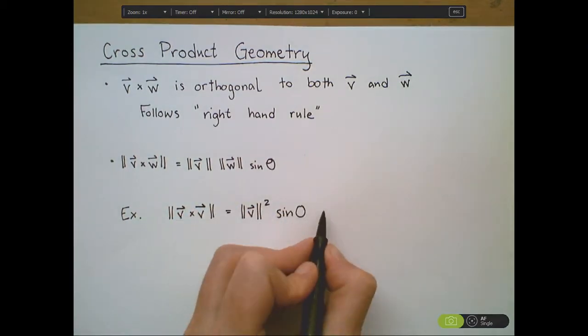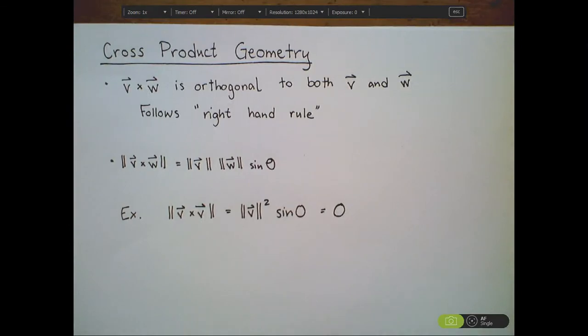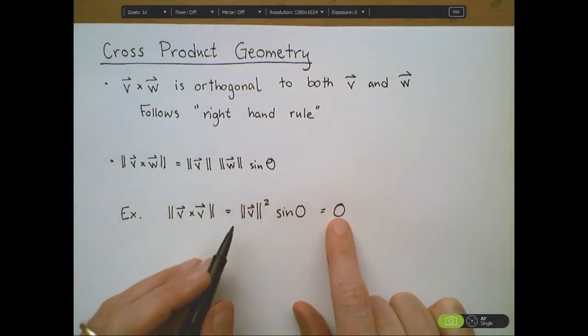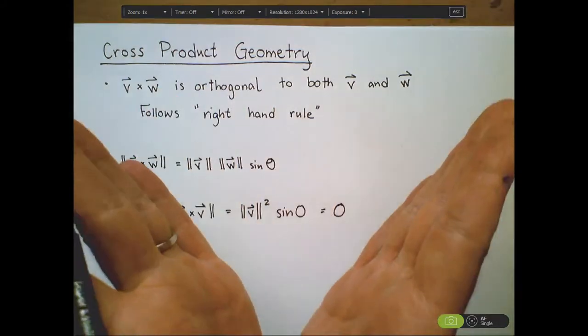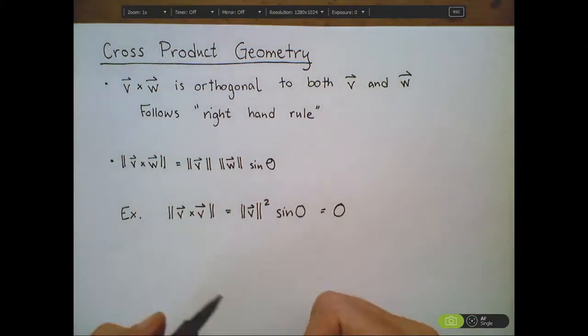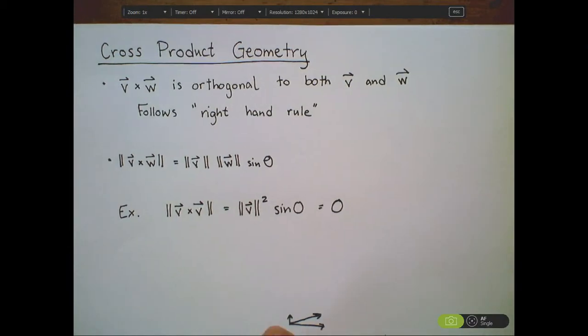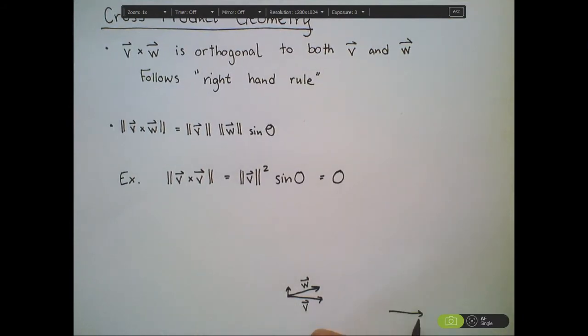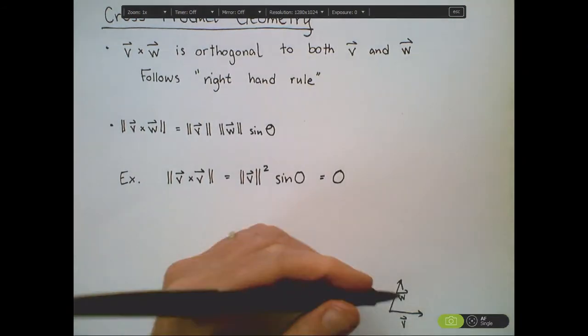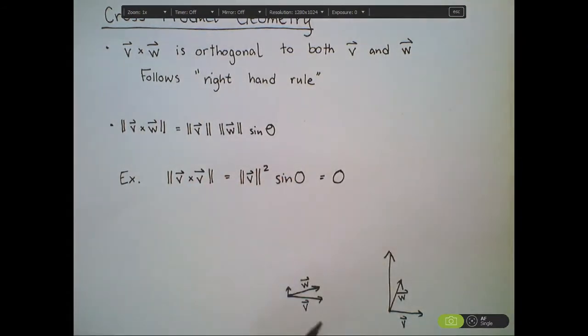But the sine of 0 is 0. That means that if I cross a vector with itself, I don't get anything out. And as the angle grows between the two vectors, the magnitude of the new vector gets bigger and bigger. So here I would have a teeny tiny little normal vector. Maybe you can see that. So this is my v, this is my w, and this is the cross product sticking out. And as this angle grows to become more perpendicular, the normal vector is going to get bigger.